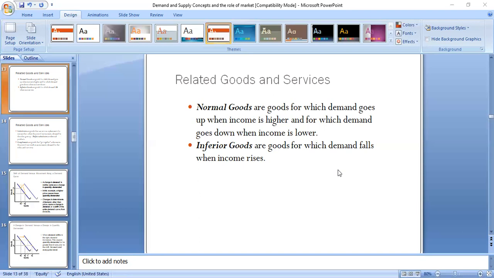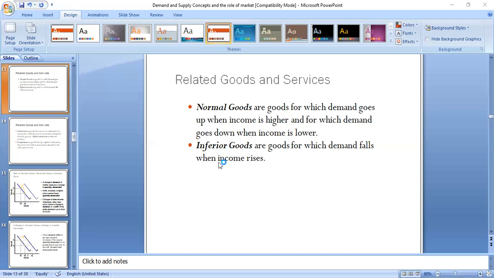So with a normal good, there is a positive relationship between income and the quantity demanded of that good. As the income of a consumer increases, the quantity demanded of that good increases, so that good will be called a normal good.